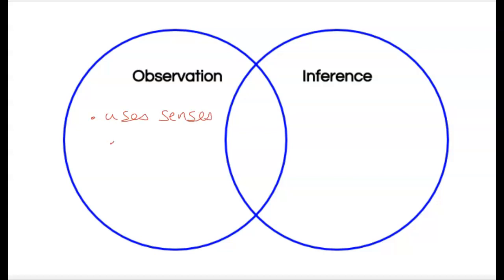So what are our senses? We can look at our sense of sight, what we see. Okay, we can use our sense of smell. We can use even our sense of taste in certain situations, and even touch in certain situations. Touch. My spelling's a little off there. Let me fix that.